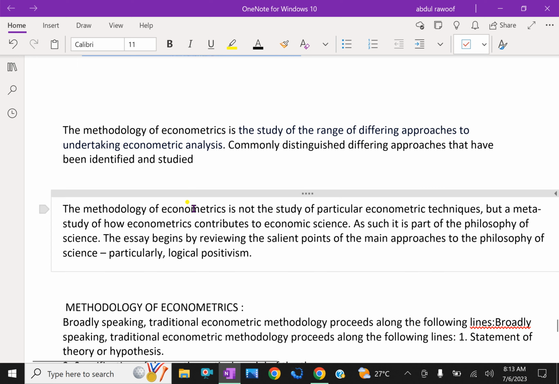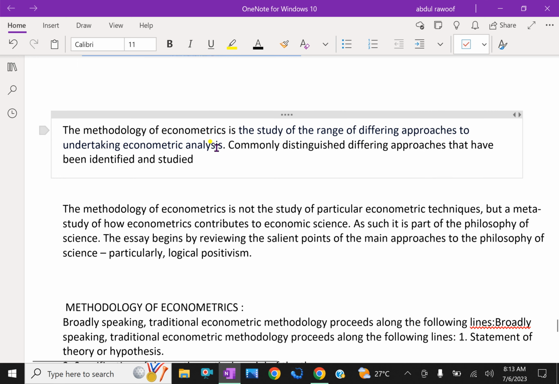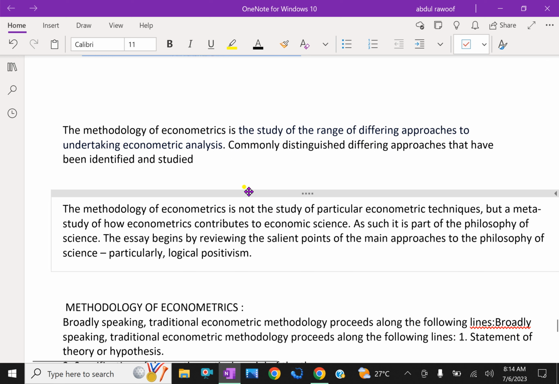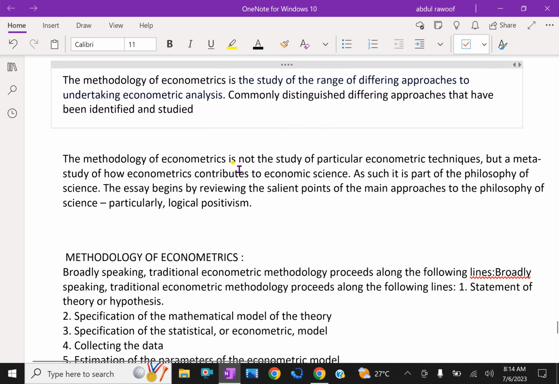Now, further we'll discuss the methodology of econometrics. It is the study of the range of differing approaches to undertaking econometric analysis, commonly distinguished differing approaches that have been identified and studied.